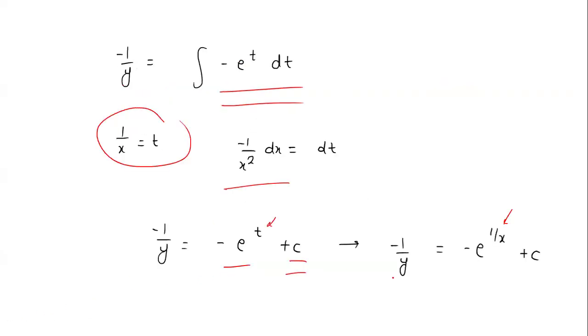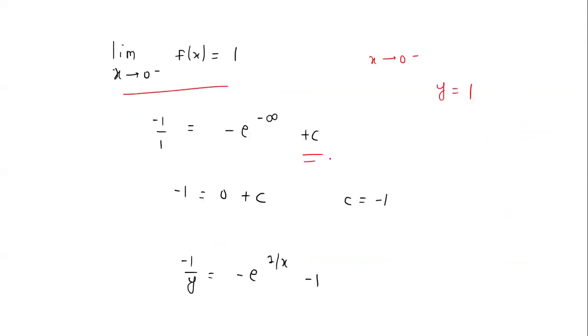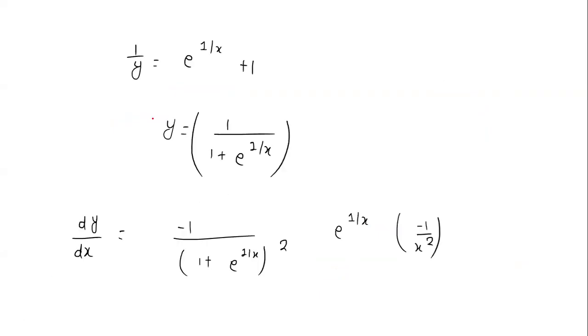So we can put y here as 1, and for x tending to 0 minus, this will become like e power minus infinity, which is also 0. So here the only remaining thing is this c. So the c value we get from here as minus 1. So from here you can get the y value as 1 divided by 1 plus e power 1 by x. So this is our function f of x.